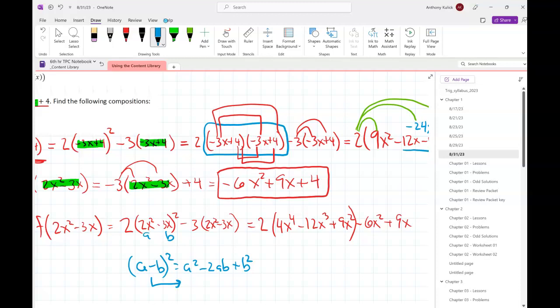That's the 4x squared. And I did negative 2 times 2x squared times 3x. And that's my negative 12x cubed. And then I did 3x squared, which is 9x squared. So that's what I did to do that so quickly in my head.